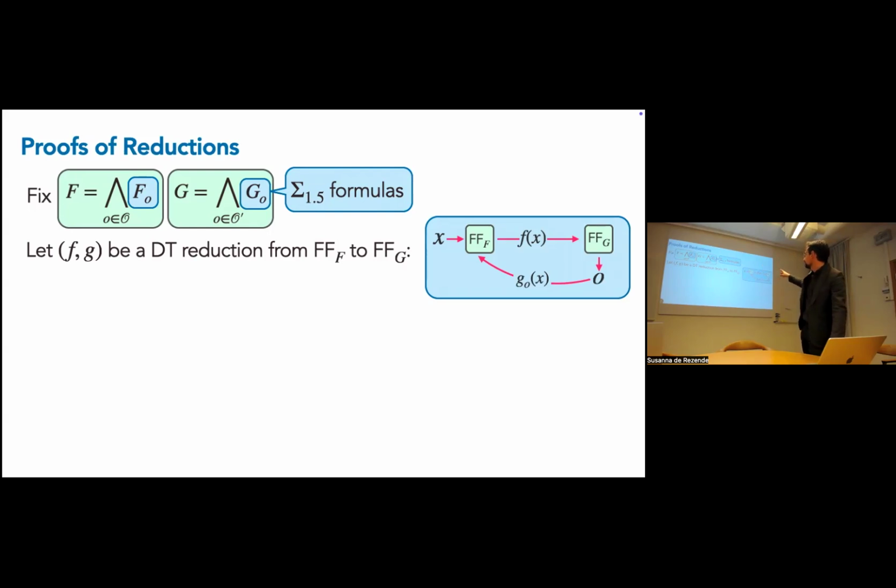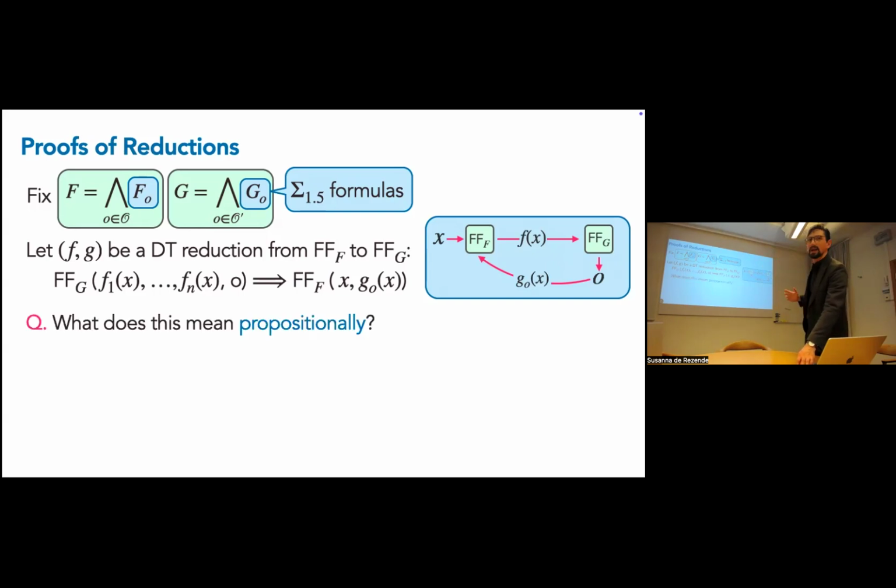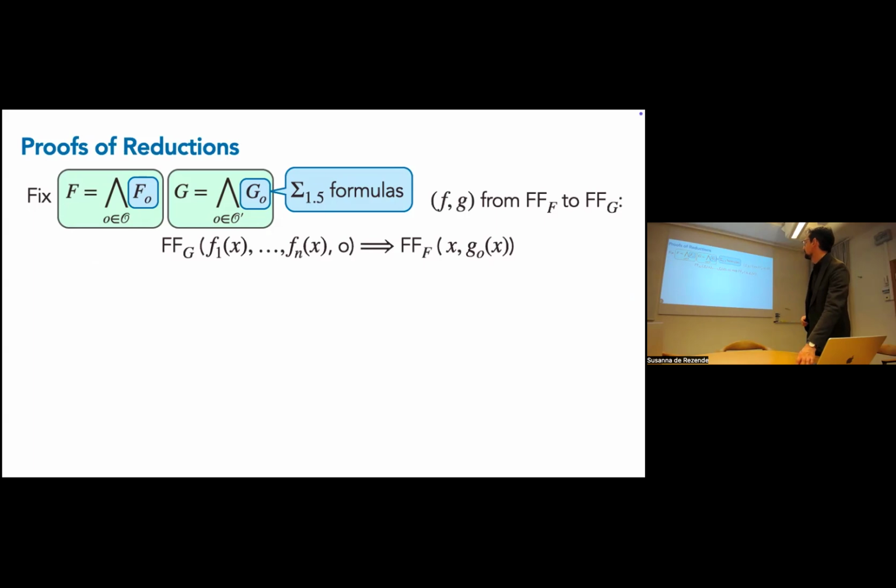So we have a decision tree turning inputs to F into inputs to G, then another one turning solutions back. So that is, this implication holds. This is just the definition of reduction. And we're going to ask what this means propositionally.